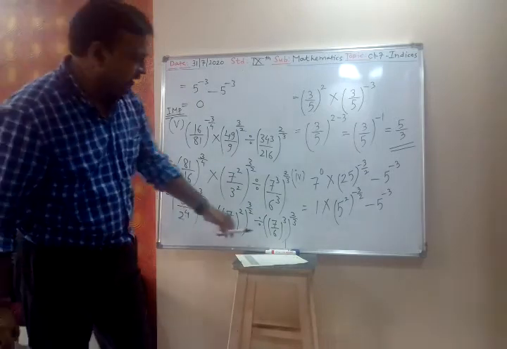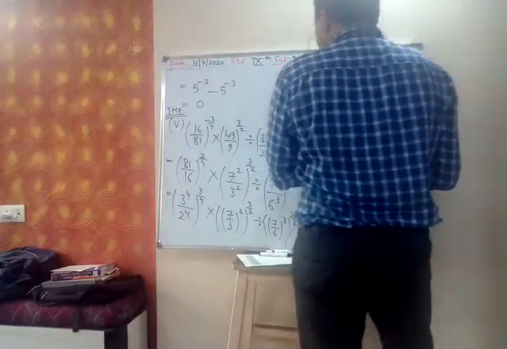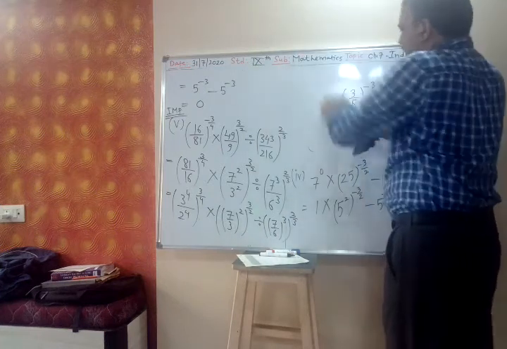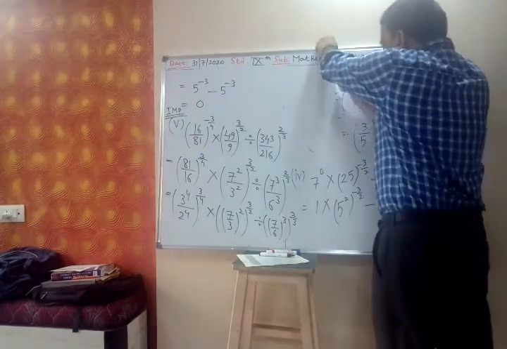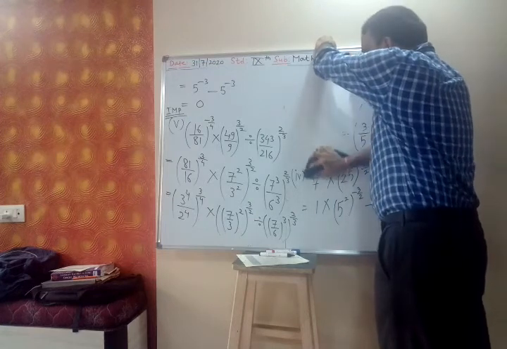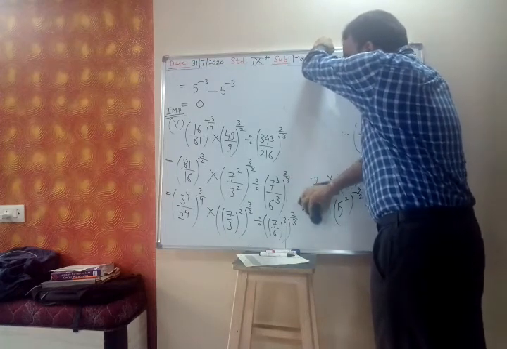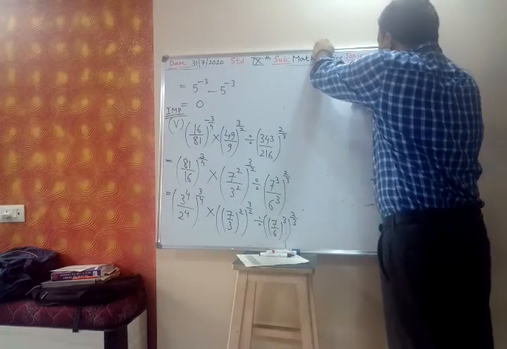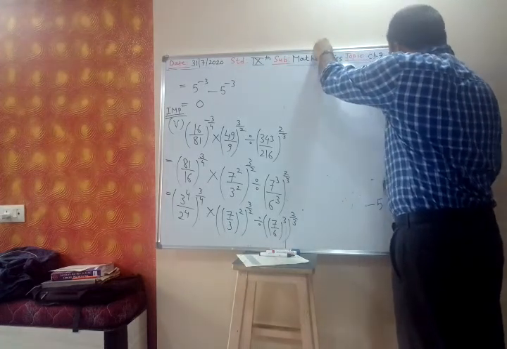So there also I can write 3. First I will write that only. 3 raised to 4 upon 2 raised to 4 I will write 3 by 2 whole raised to 4, and then we'll cancel the power of each.